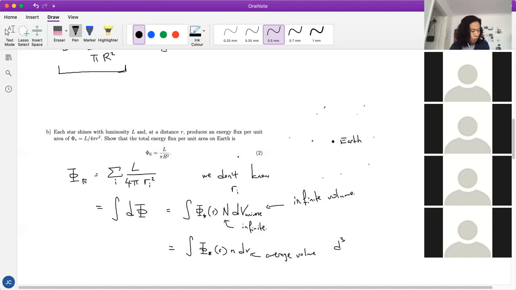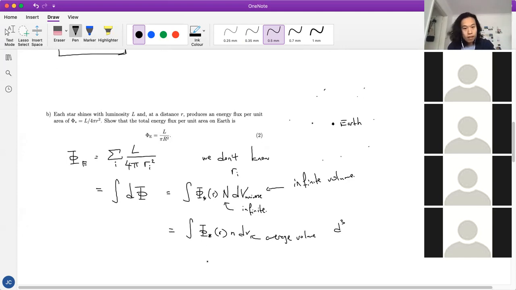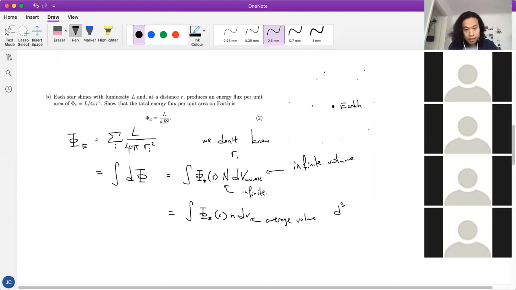So I'm just looking at one average volume where I know the density in that volume. Now we can sub in all the things. This phi star will be L divided by 4 pi r squared, and n is 1 over d cubed.